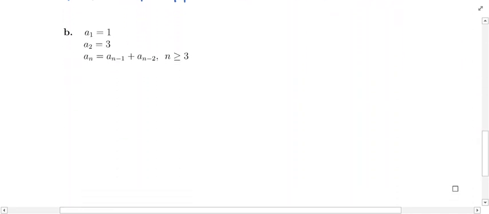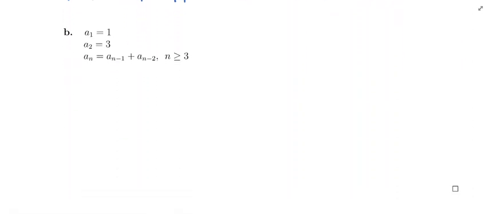All right, in part B, again, we just need to get the first 4 terms of the sequence. We are told that the first term, a1, is 1. We're told that the second term, a2, is 3. And then there's a formula for computing future terms.